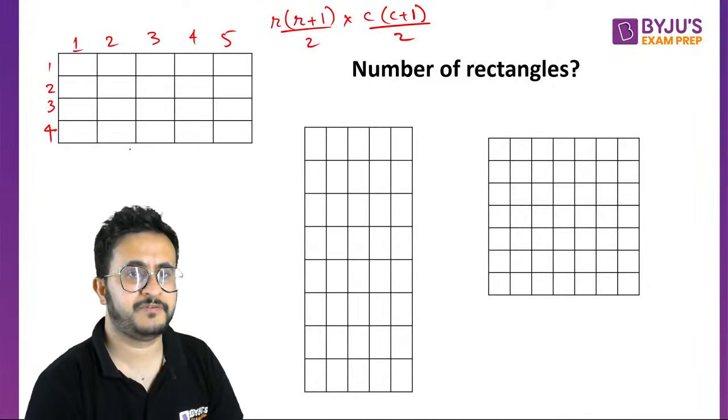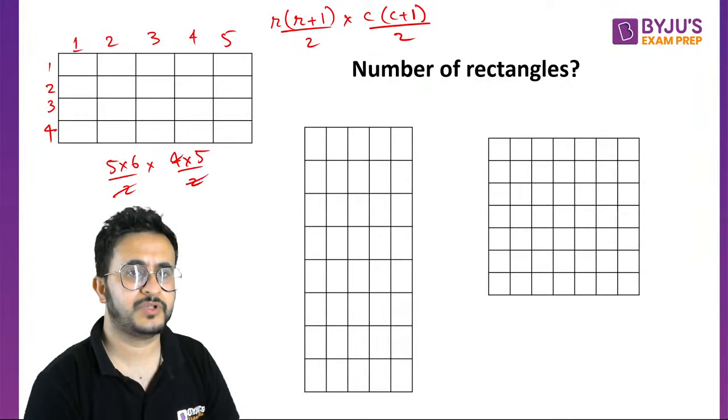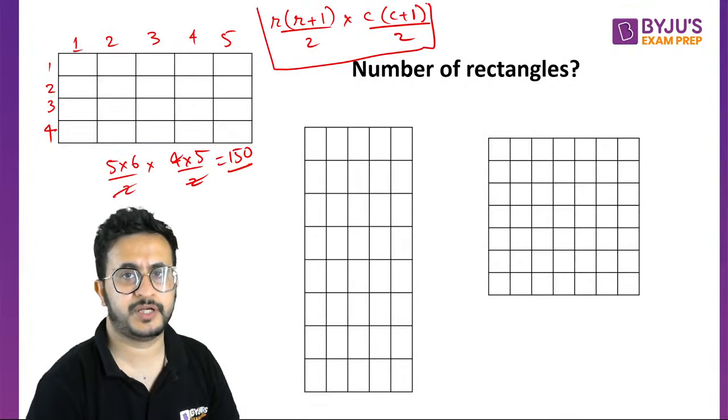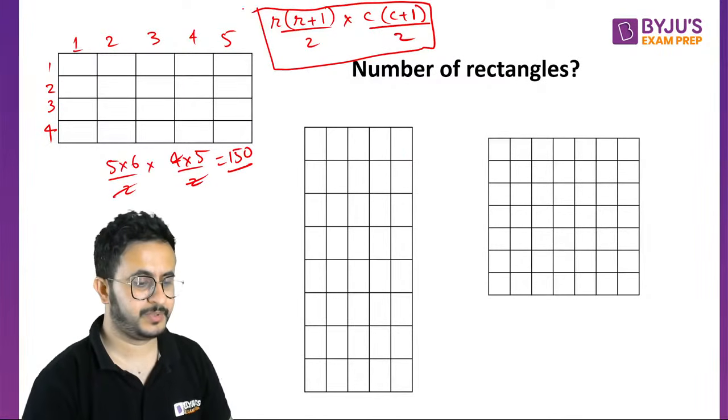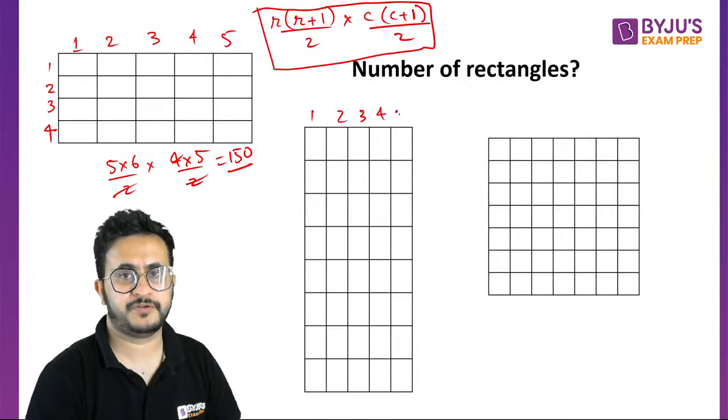So there are 5 rows. So 5 into 6 by 2 into 4 into 5 by 2. So there are 150. Okay, so this is r into r plus 1 by 2 and c into c plus 1 by 2.